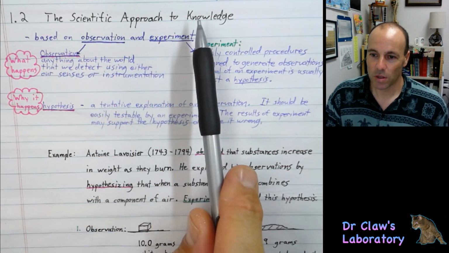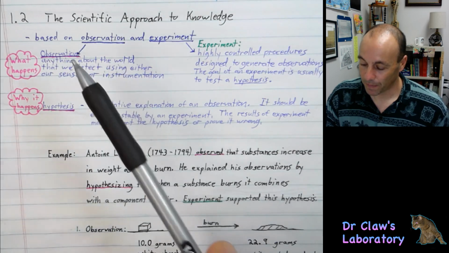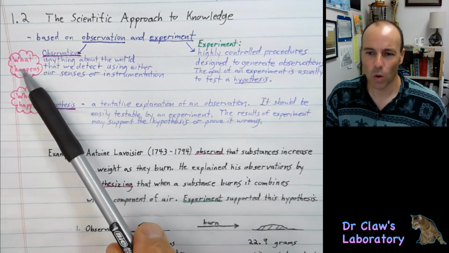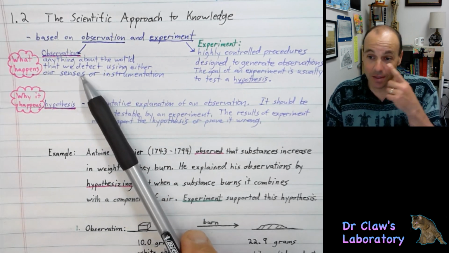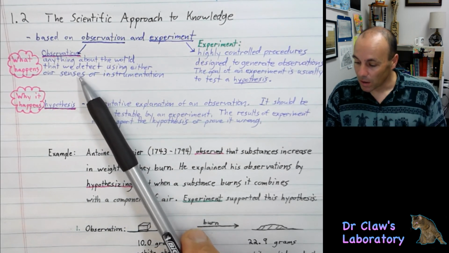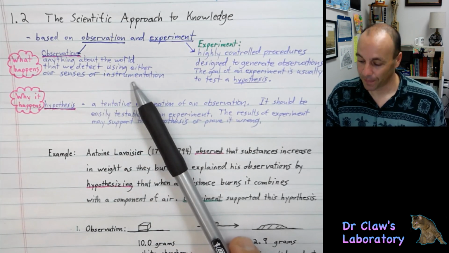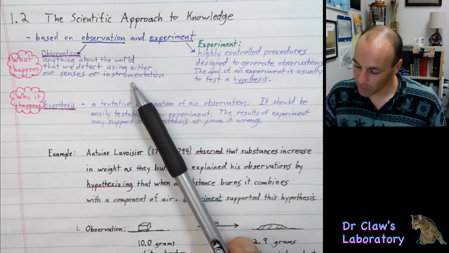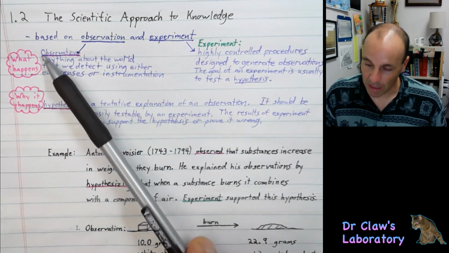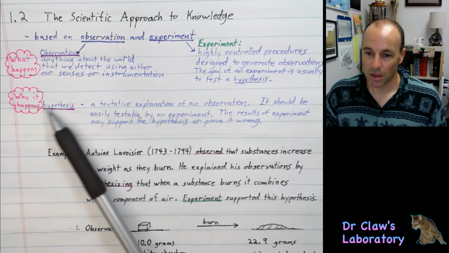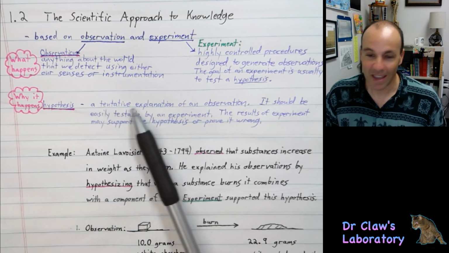So let's reiterate. Scientific approach to knowledge is based on observation and experiment. You have an observation, and this tells you what happens. It's anything about the world that we detect using either our senses or instrumentation. And you will then typically want to explain your observation, why it happens, by formulating a hypothesis, which is a tentative explanation.